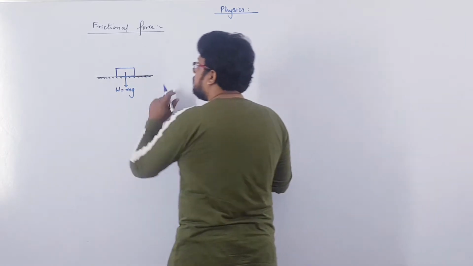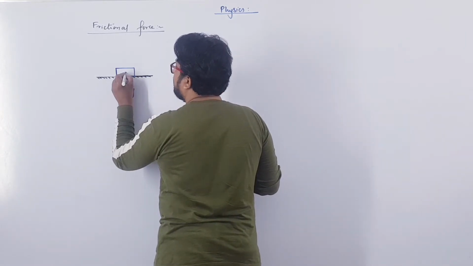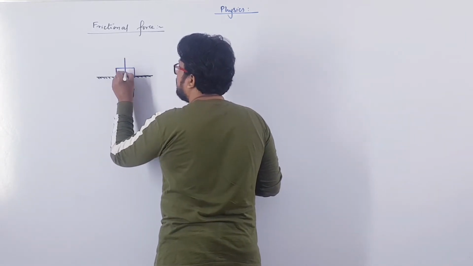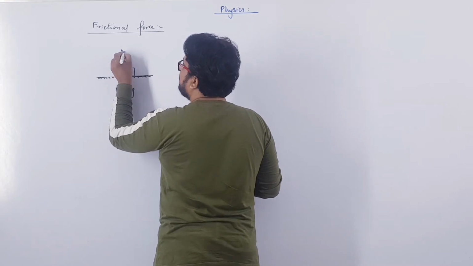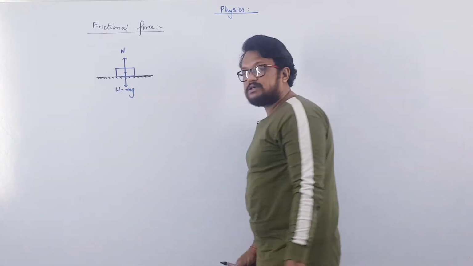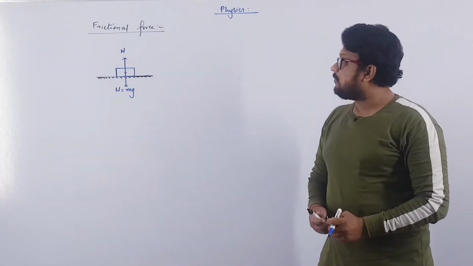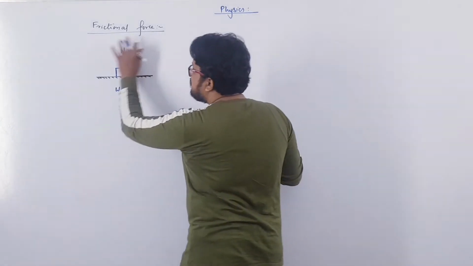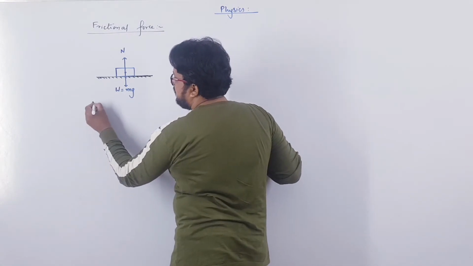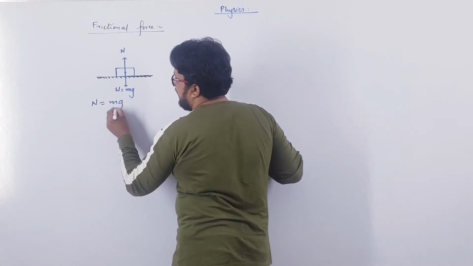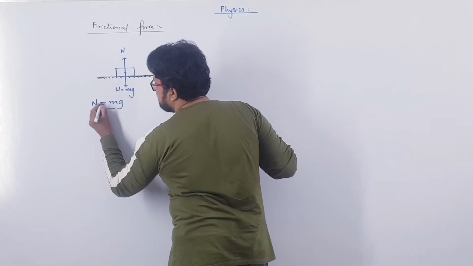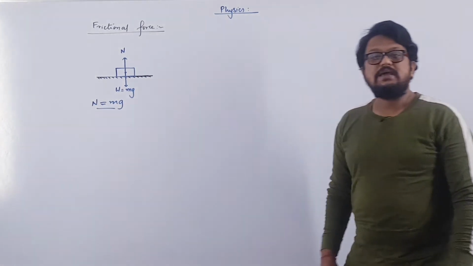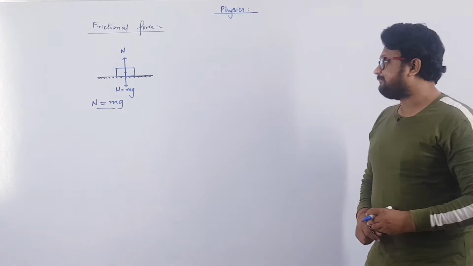But due to this surface, the normal component of the contact force, which is known as the normal reaction, N, acts. Since the object is at rest, N equals mg, or the normal reaction balances the weight mg of the object, and that is why the object is at rest.